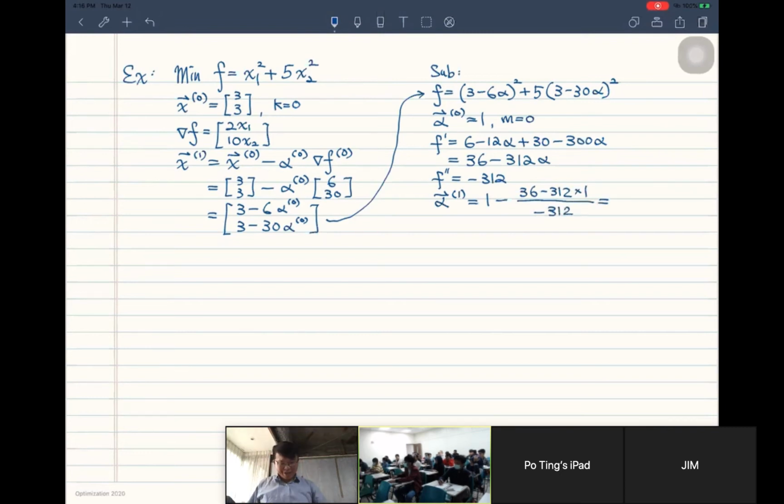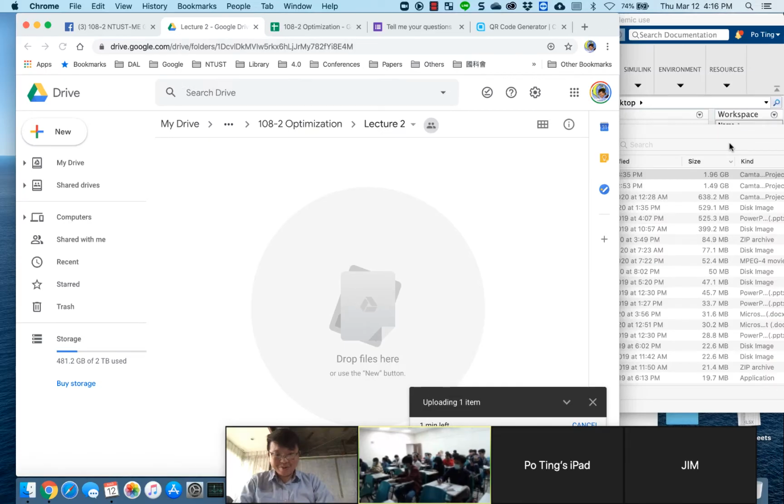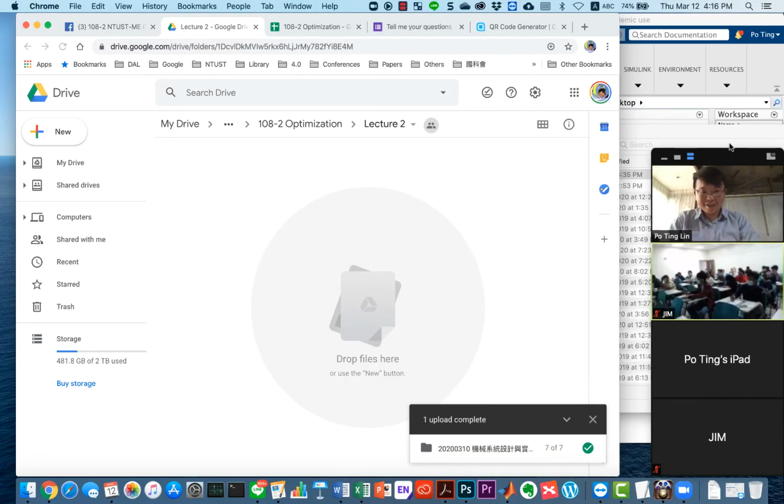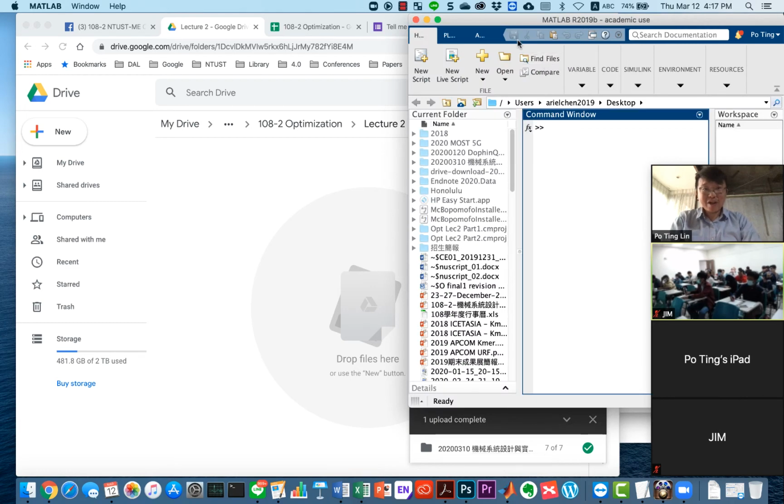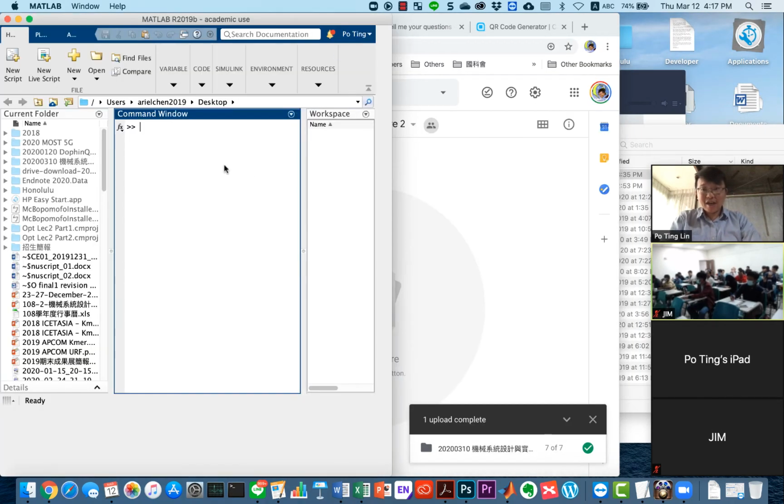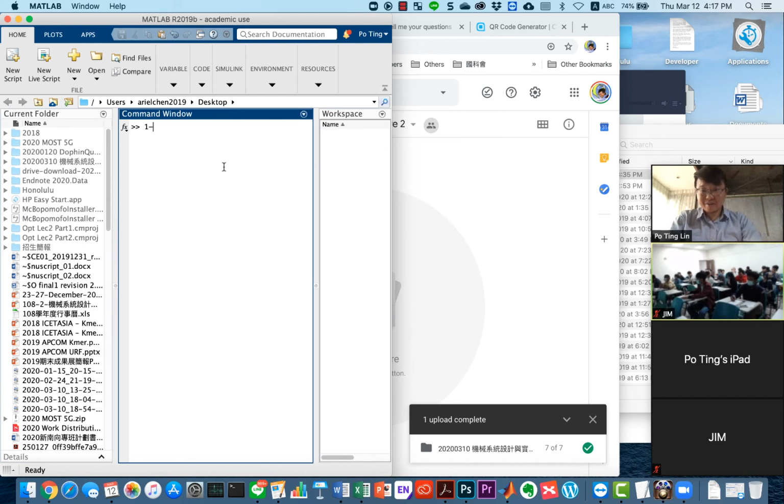So let me quickly use MATLAB. I'm lazy, I'm just using MATLAB to get the number. You can use a calculator. 1 minus (36 minus 312) over minus 312. So I get some number, 0.1154.